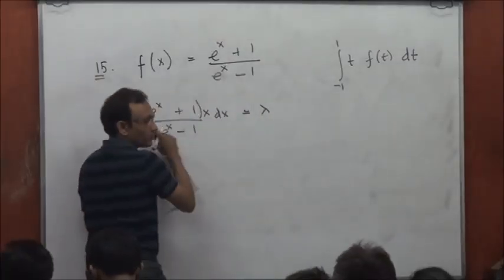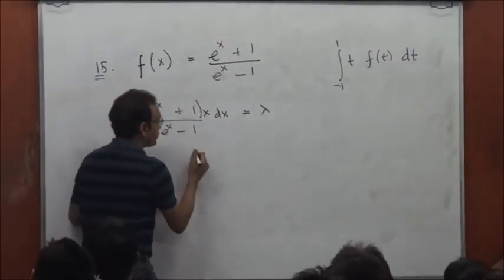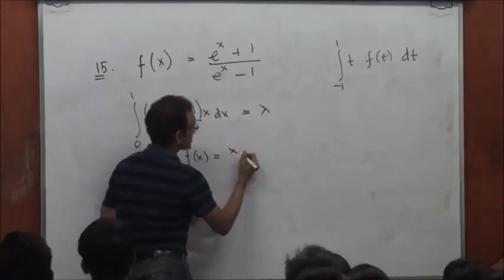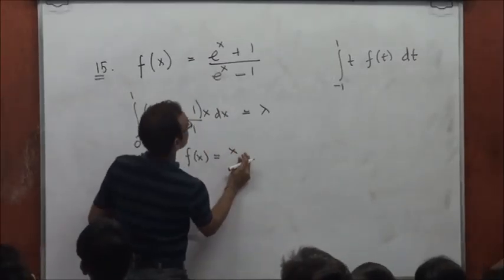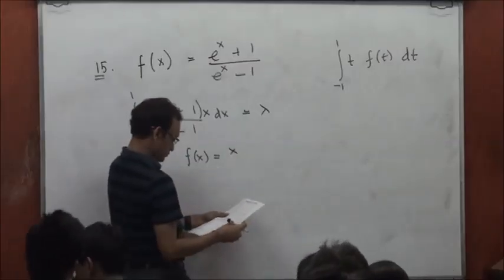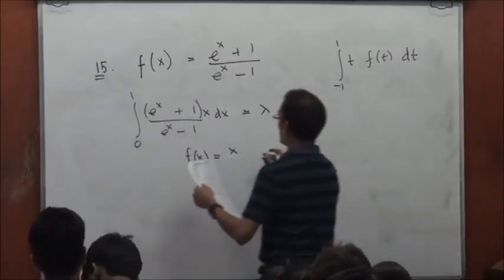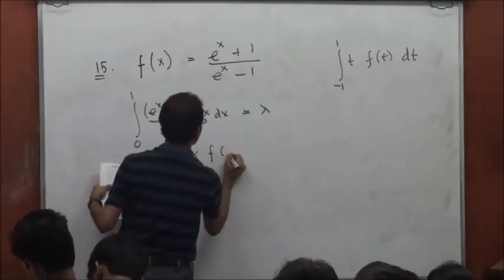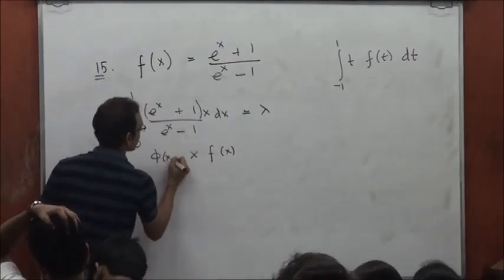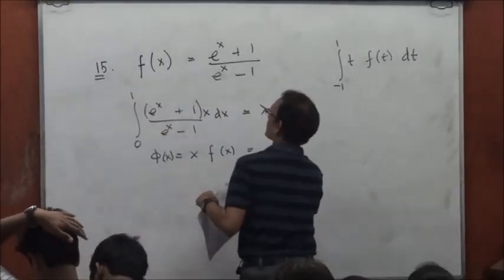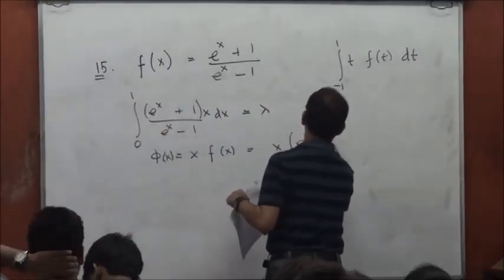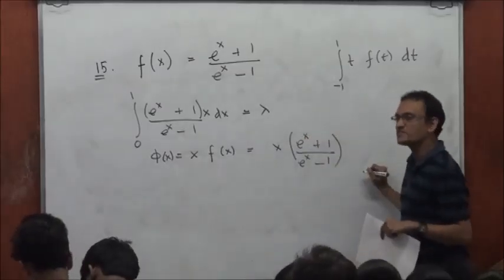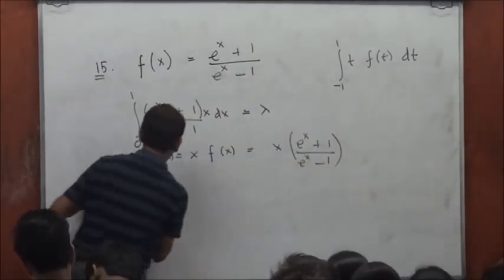Hey, this is like that only, right? Do you realize that x fx, this function, call it phi x, is x into e power x plus 1 by e power x minus 1. That's phi x. What's phi of minus x?